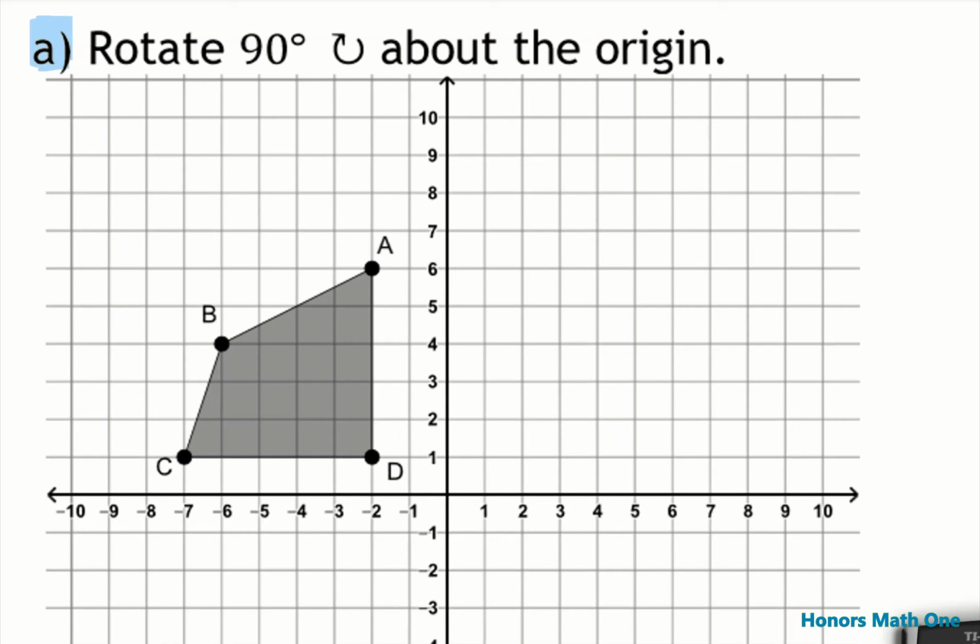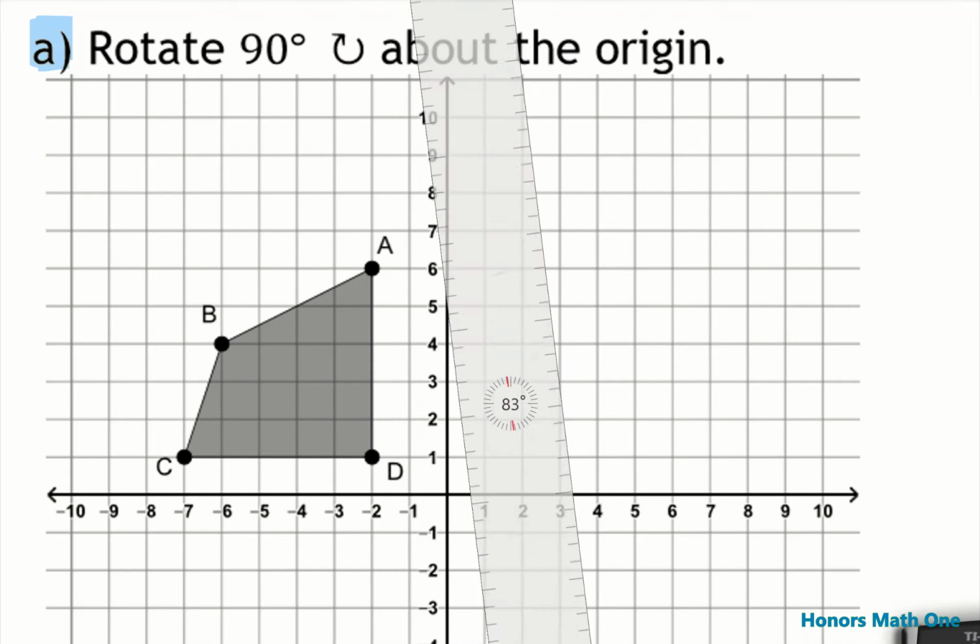One of the ideas that's really powerful is that when we rotate through 90 degrees, we end up getting opposite reciprocal slopes. And that's how we come up with equations of lines that are perpendicular.